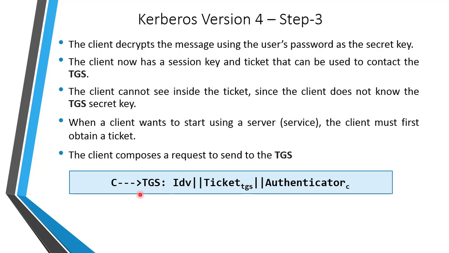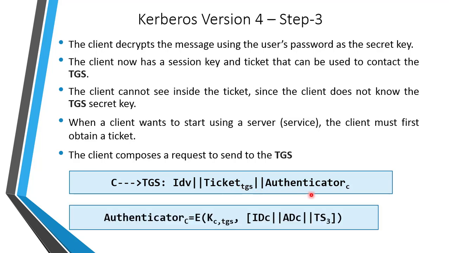Now the client will send the ticket and the service which he or she wants to use: the ID of that server, ID of V, the ticket of the ticket granting server, and the authenticator C. Here the authenticator is to authenticate the client, which contains the ID of C, address of C and timestamp 3, and is encrypted using the session key shared between the client and the TGS. So now the client has sent the ticket to the TGS.